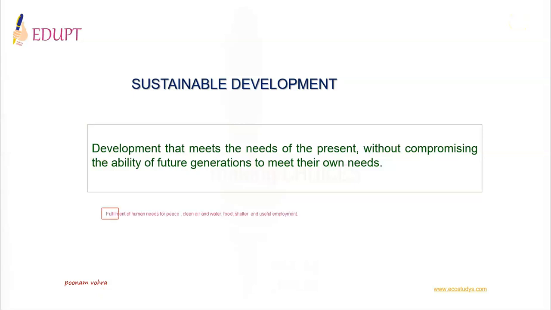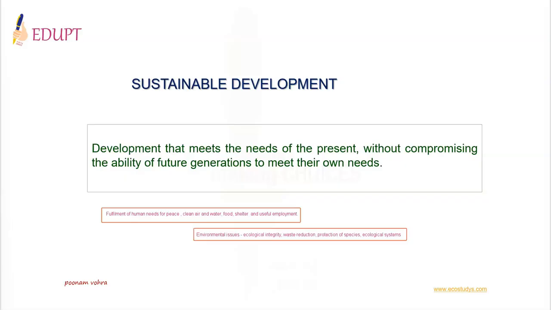It includes fulfillment of human needs for peace, clean air and water, food, shelter, education, and useful employment. Also, environmental issues like ecological integrity, reduction of waste, and protection of diverse species and ecological systems are equally important.